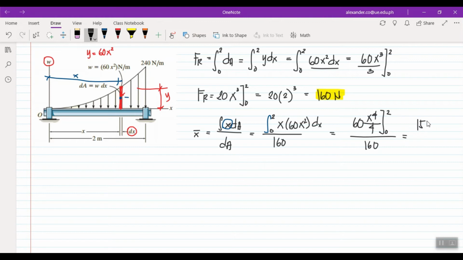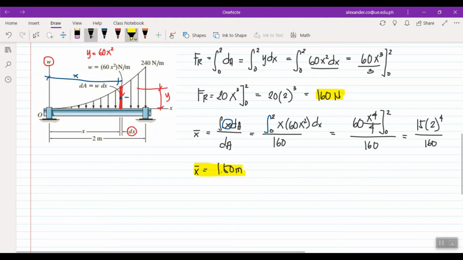So, it's 15 times 2 raised to 4 over 160. So, ano yung x bar? Okay, tapos na. 15 times 2 raised to 4 divided by 160. And the answer is 3 over 2 or 1.5 meters. So, that is your final answer.